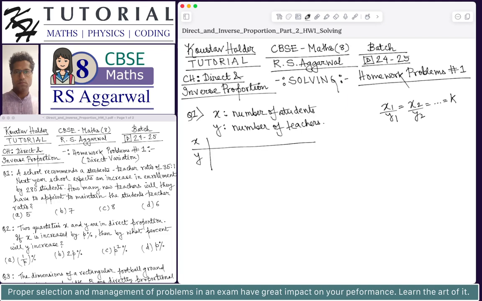By that I mean the actual values of those unknown variables will not be required to solve the problem. So in this problem I do not know the current number of students and the current number of teachers.